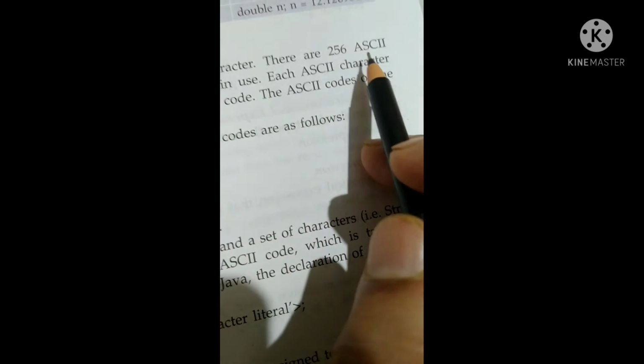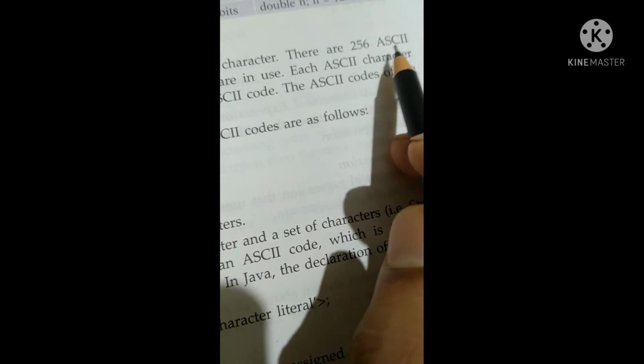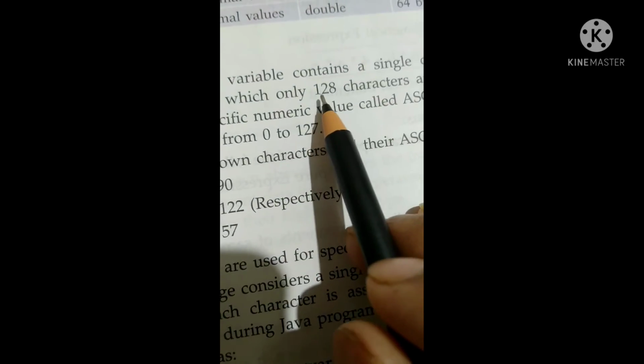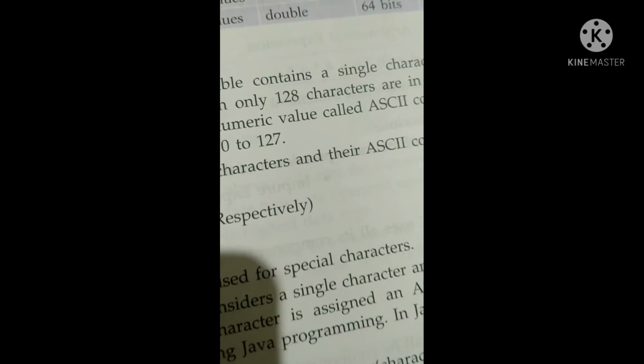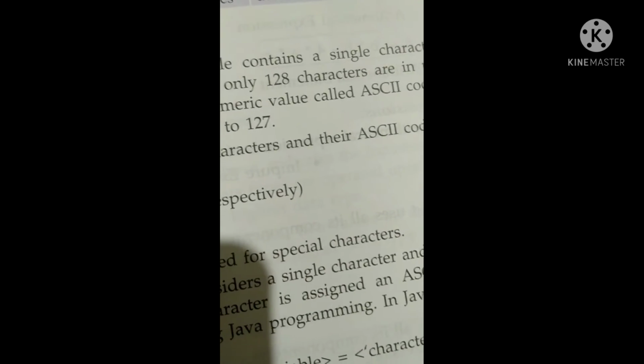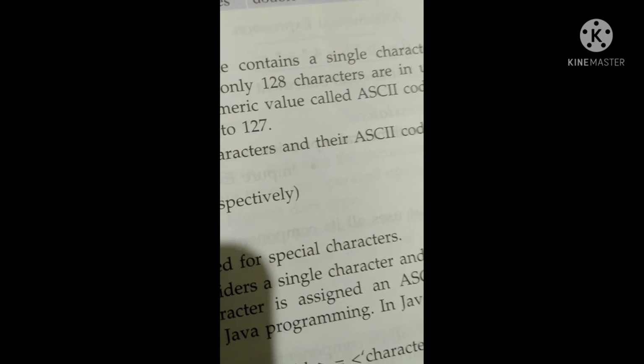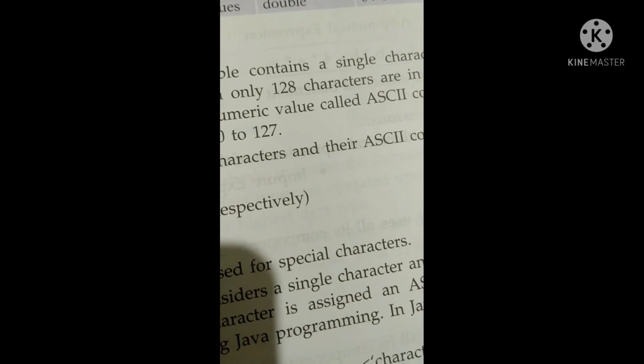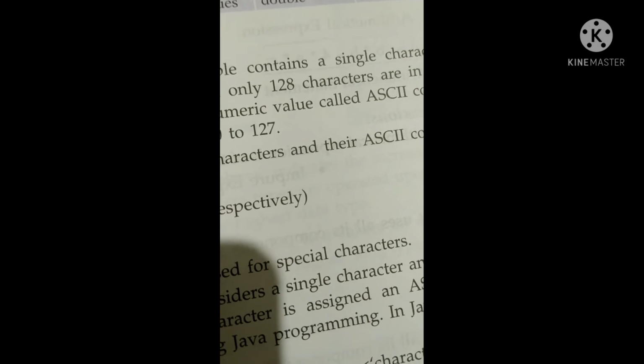There are 256 ASCII codes, American Standard Code for Information Interchange, out of which only 128 characters are mostly in use, 0 to 127.